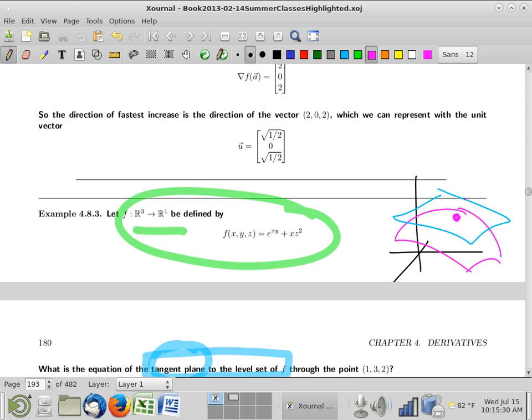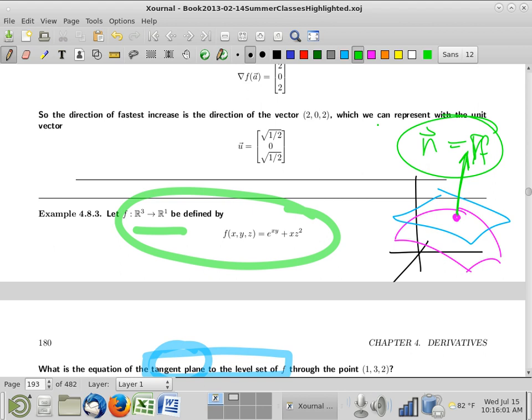Well, I know that the gradient vector of this function is perpendicular to the surface. Therefore, the gradient vector is perpendicular to that tangent plane that I'm looking for. Therefore, I can use the gradient vector as a normal vector for the surface. That's my normal vector for my tangent plane.